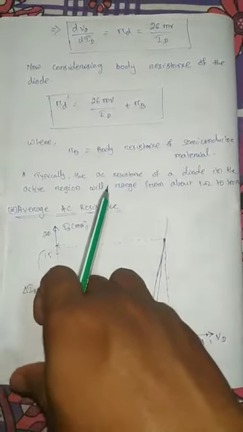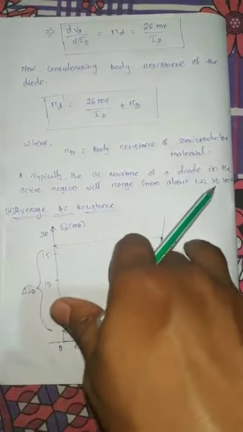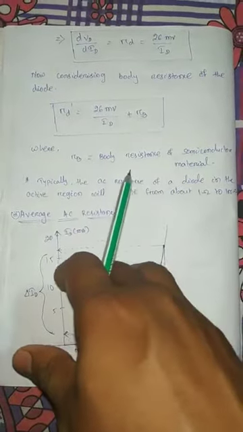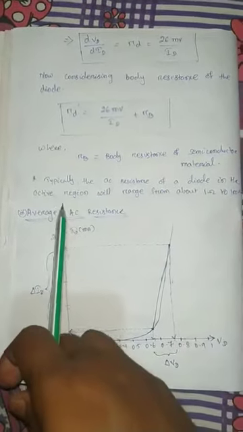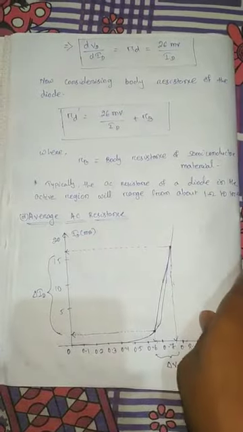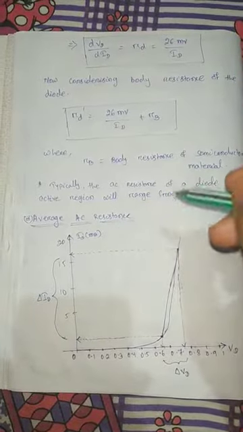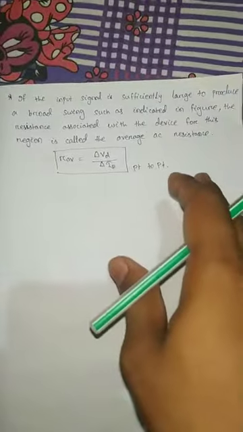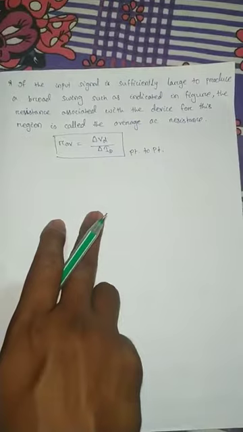Typically, the AC or dynamic resistance of a diode in the active region ranges from 1 ohm to 100 ohm. So now I hope you understand this AC or dynamic resistance. Now come to the average AC resistance. If the input voltage signal is sufficiently large, it will produce a broad swing, as you see in the figure.